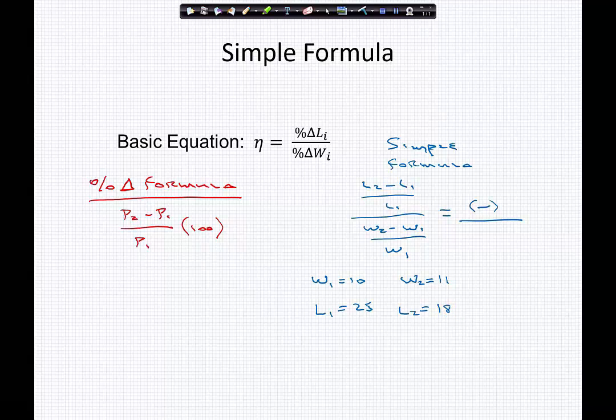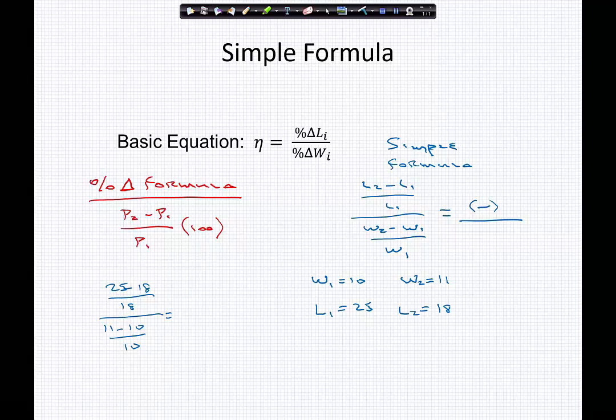Well, putting the simple formula to work here, we're going to then have 25, or L2, 25 minus 18 divided by 18. And that will be divided by 11 minus 10 divided by 10. So we can then rewrite that.